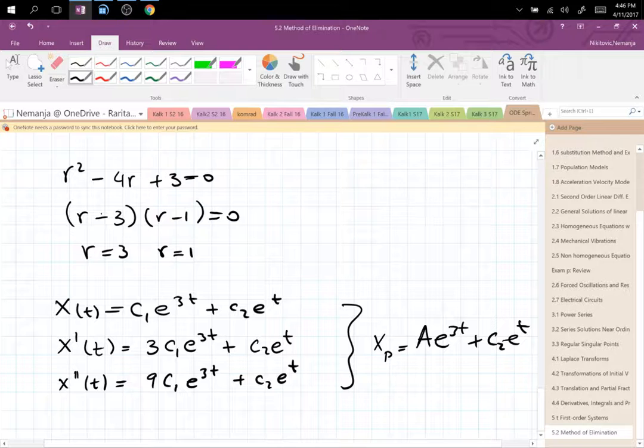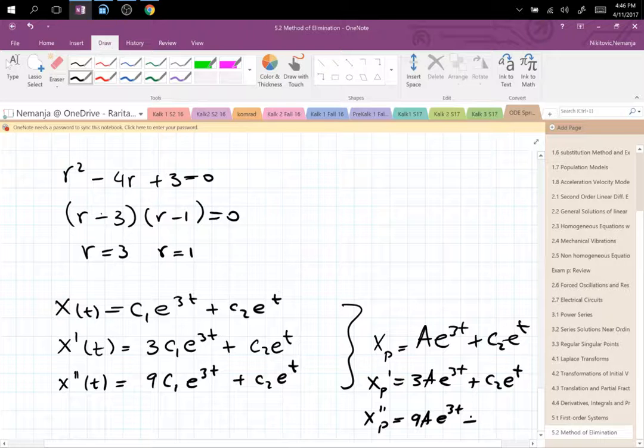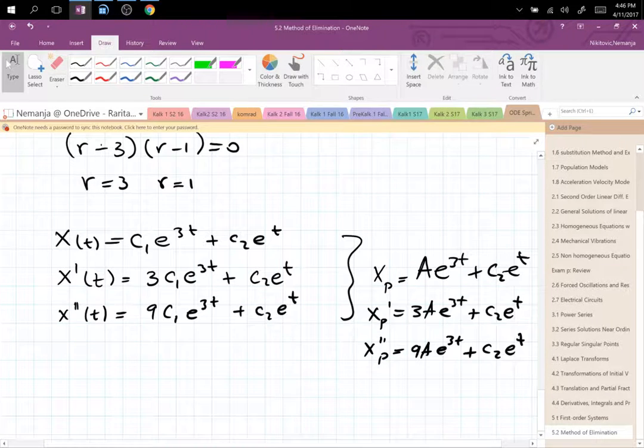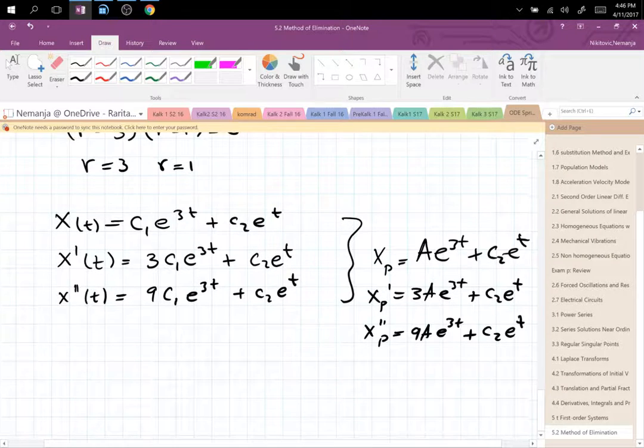Thank you. So now we have x prime 3a e to the 3t plus c2 e to the t, and x double prime equals 9a e to the 3t plus c2 e to the t, which we plug back in the original equation.